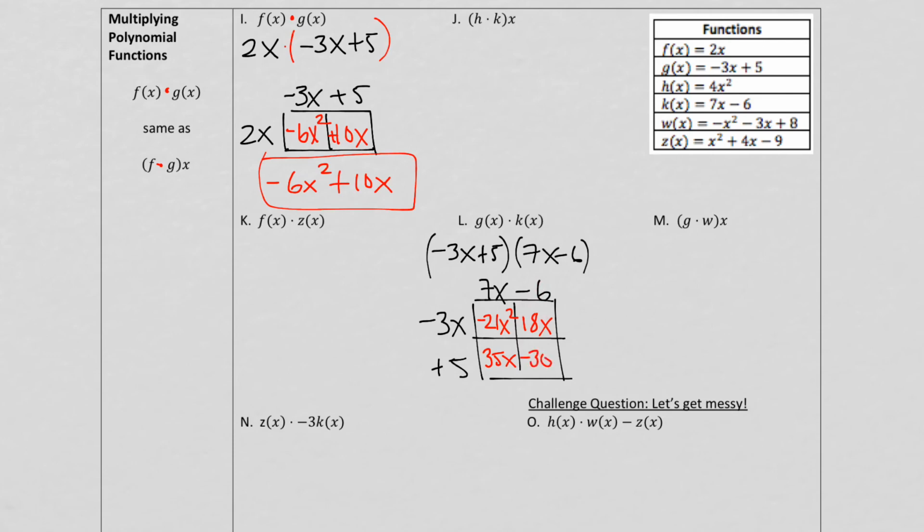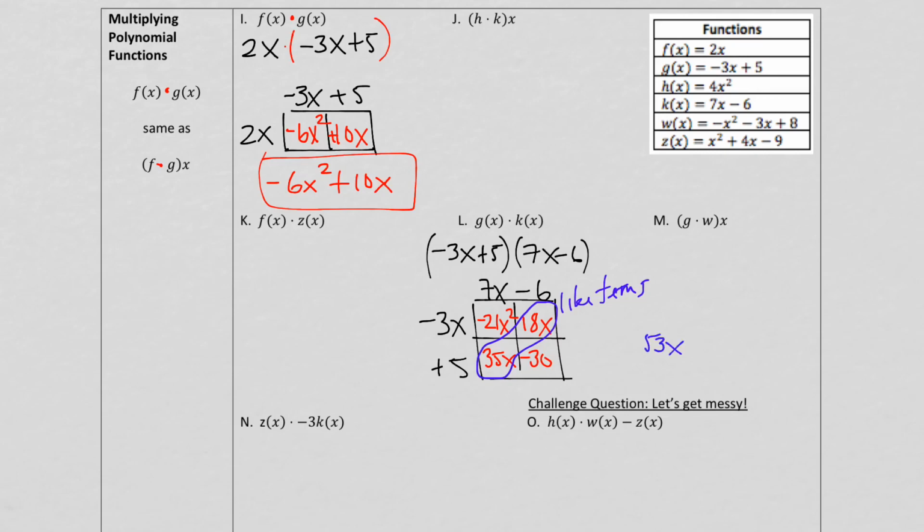So once this box is complete, I know I've hit every single term that I need, and I'm going to scan for like terms. And again, if you look at the diagonals, it's common in this method that you have like terms here. So I can combine those. So I can say 35x plus 18x is going to be 53x. So I'll put that here, 53x.